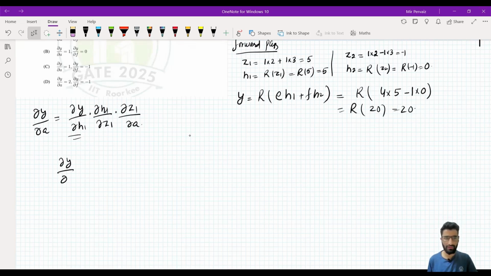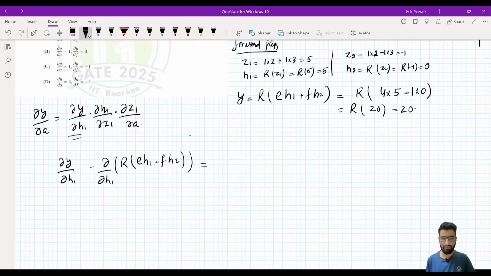Del y over del h1, which is del by del h1 of ReLU of E h1 plus F h2. If we calculate this with the help of chain rule, E will be coming out, E times the derivative of E times h1 plus F times h2.